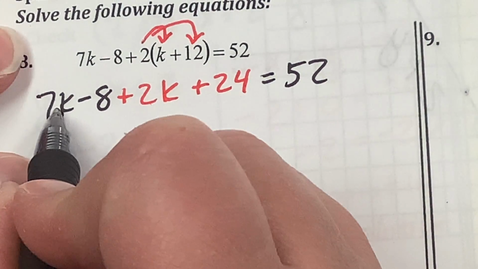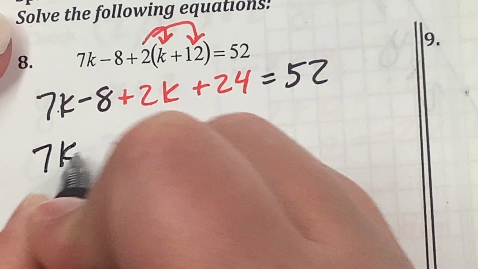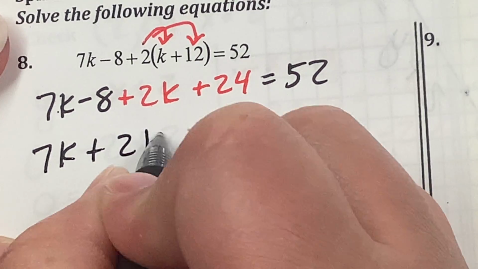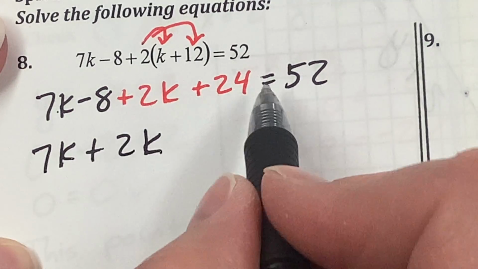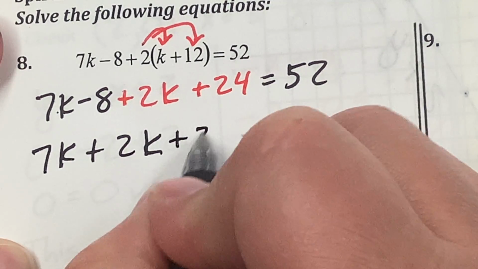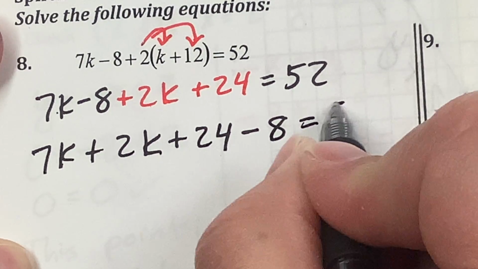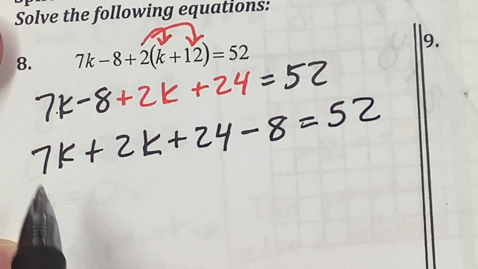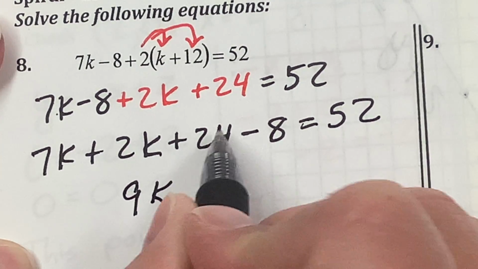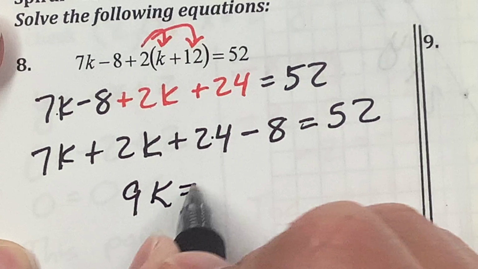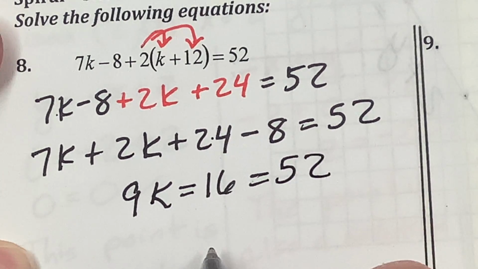So 7k plus 2k, and then I'm going to take this -8 and put it after the 24. Plus 24 minus 8 equals 52. 7k plus 2k is 9k. 24 minus 8 is 16, equals 52.